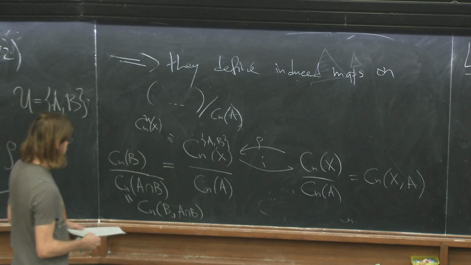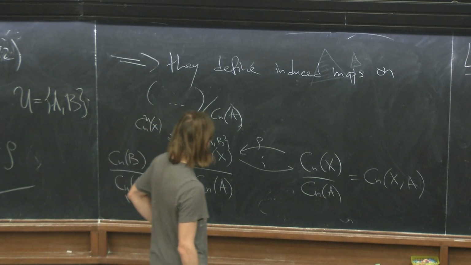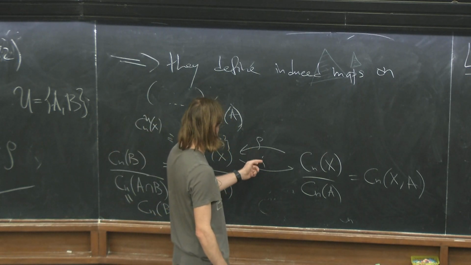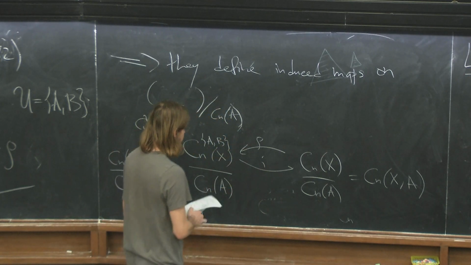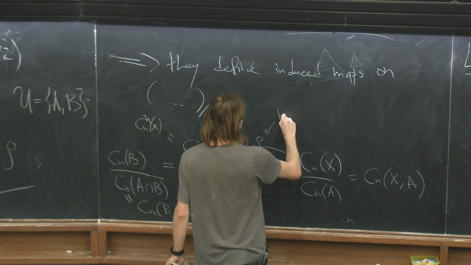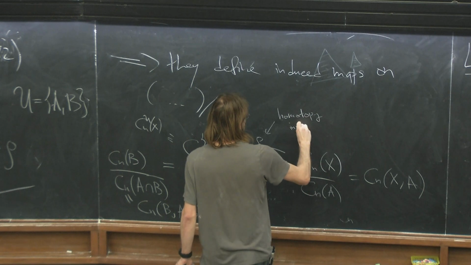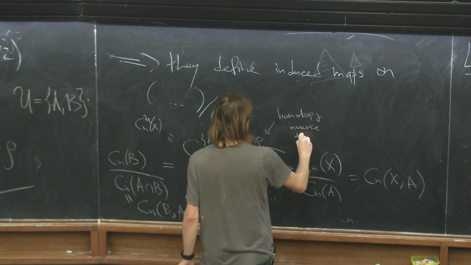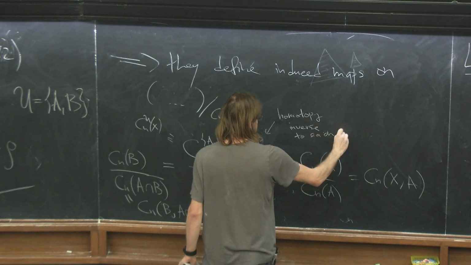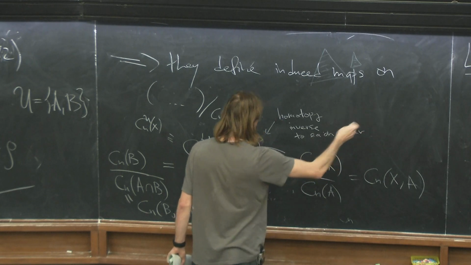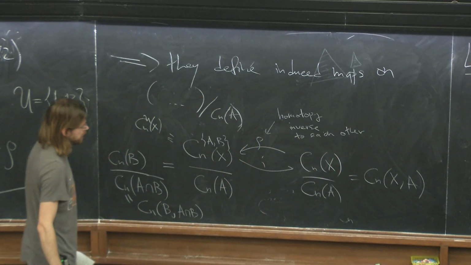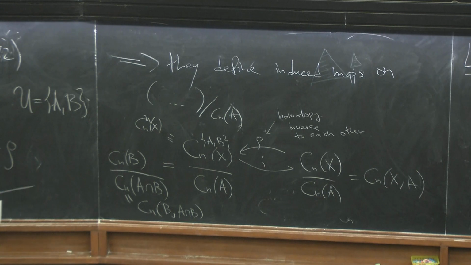And again, we had this I and rho, they were homotopy inverse to each other. Meaning the difference of the compositions and the identity is of the form like this.